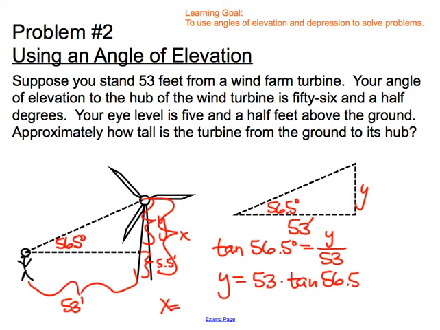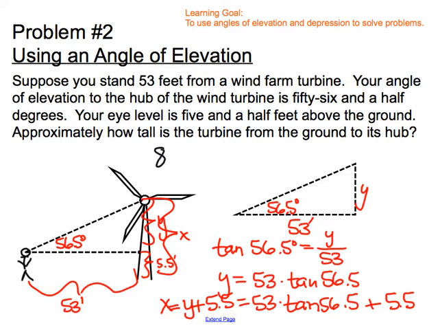So in this case, we can say x is going to equal y plus 5.5, which then is going to equal 53 times the tangent of 56.5 degrees plus 5.5. And if we plug all this into our calculator, we find that the wind farm turbine is approximately 85.5 feet tall from the ground to its hub.